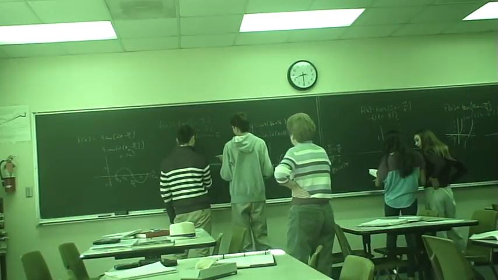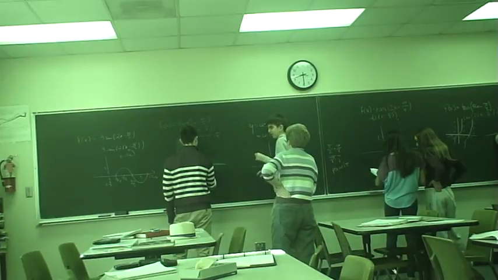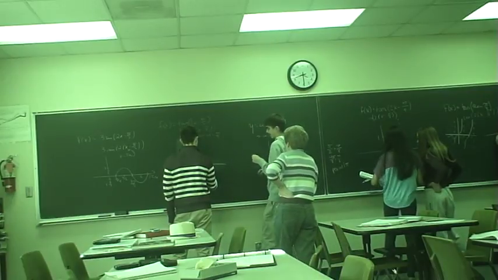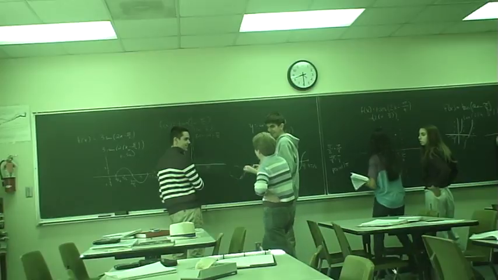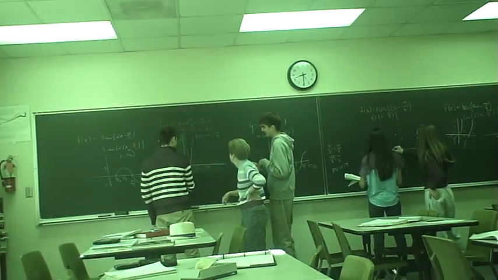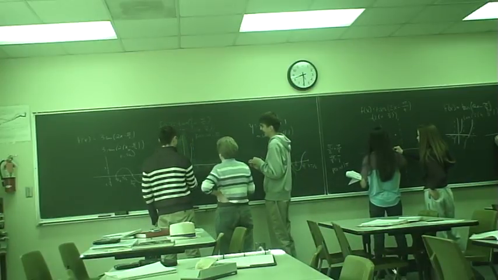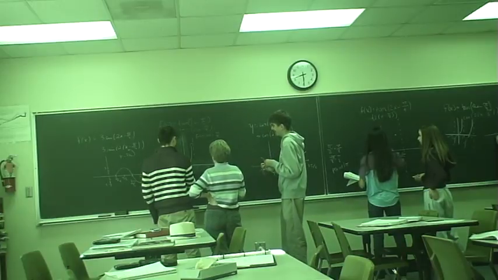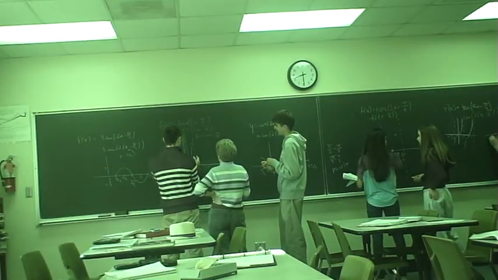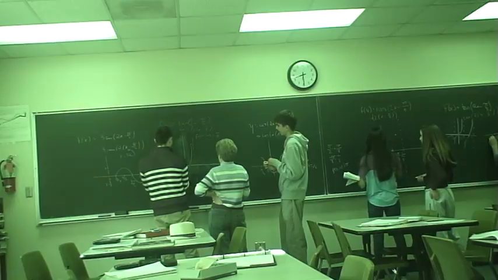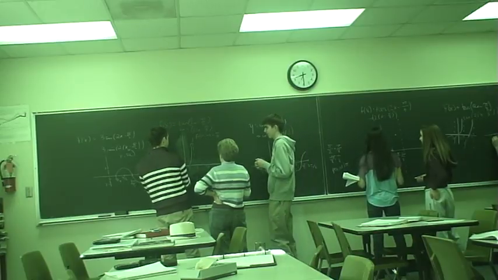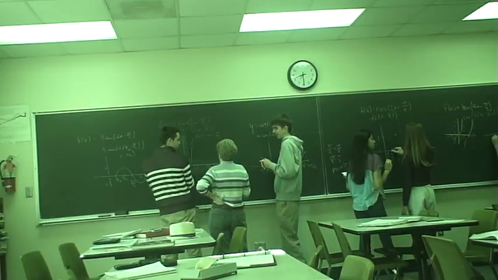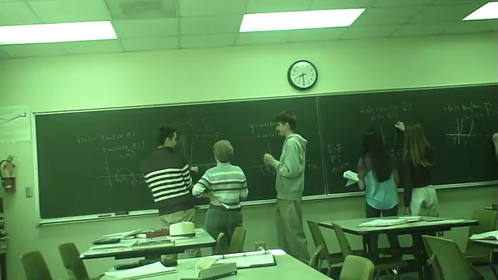Now the period is pi over 2. Where are we getting these numbers from? Oh, yeah, so we shifted it over by pi over 8, right? Okay. So then it's negative 3 pi over 8 and 5 pi over 8.